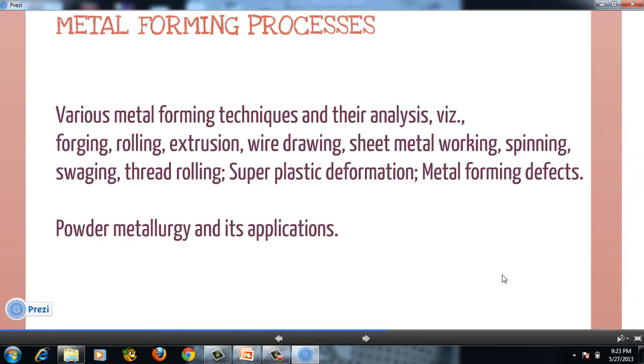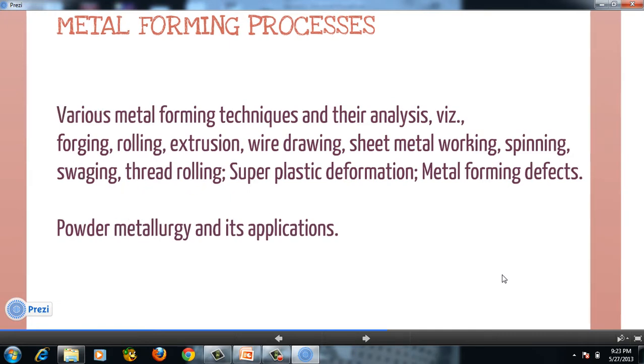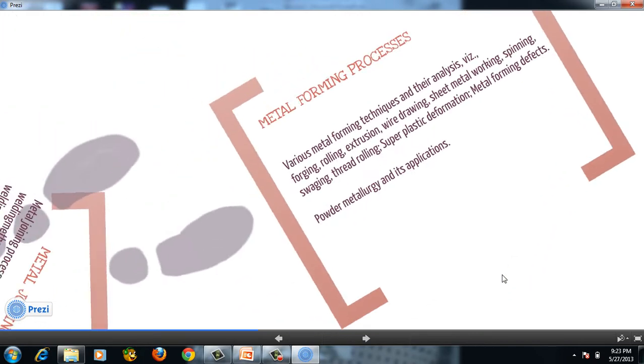And also we have powder metallurgy and its applications. So these are the three major contents, subdivided.